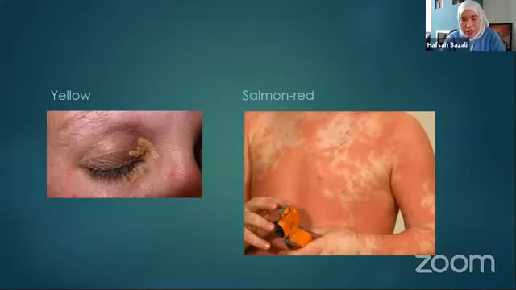Salmon red is the classical color in pityriasis rubra pilaris. The patient happens to be holding an orange colored toy truck, so you can see it's not just red; it's actually an orange red color, which is common in pityriasis rubra pilaris.